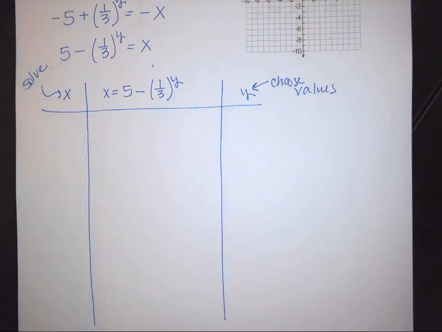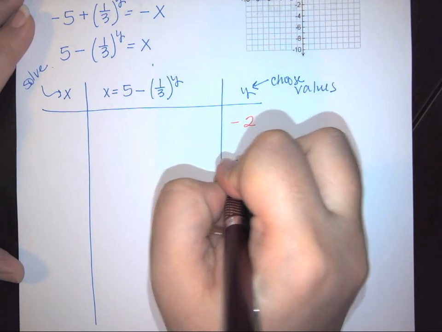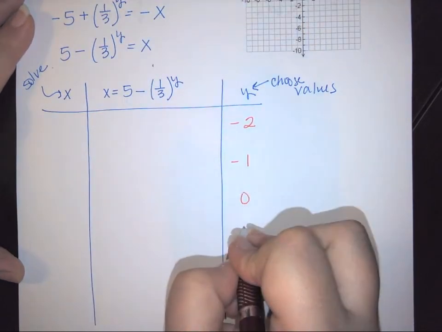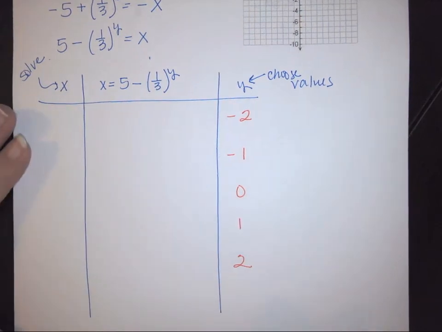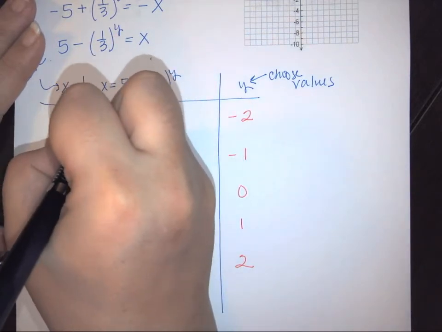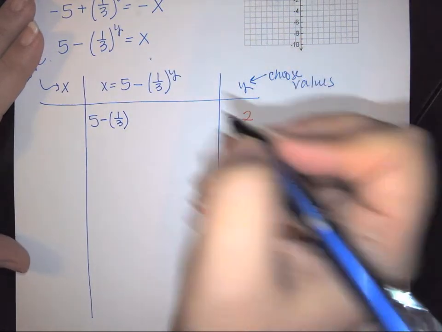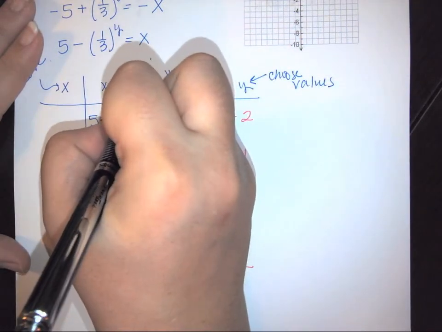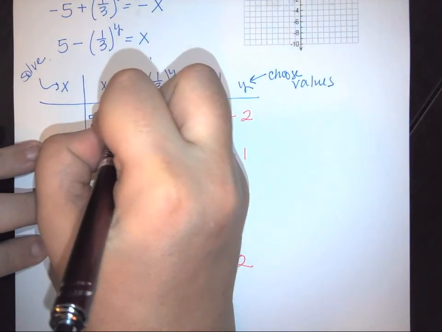And so here I again would choose the same values, where I have -2, -1, 0, 1, and 2. And so again, I would plug them in. And so in this case, I'm going to have 5 minus 1/3 raised to the something. Well, this something is a -2.